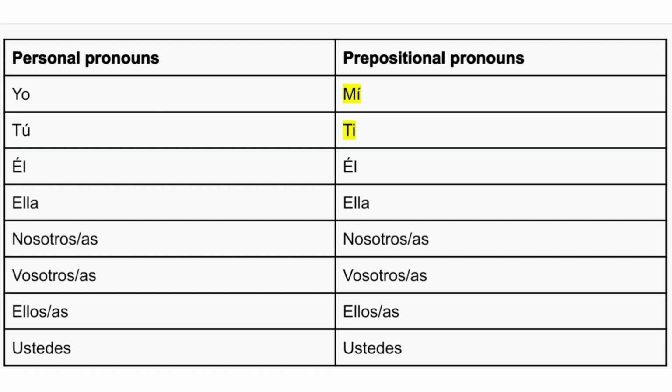Yo becomes mí with accent mark, because mi without tilde refers to the possessive pronoun, like my. Then we have tú becomes ti, and the others are the same: él, ella, nosotros, vosotros, ellos, ustedes.